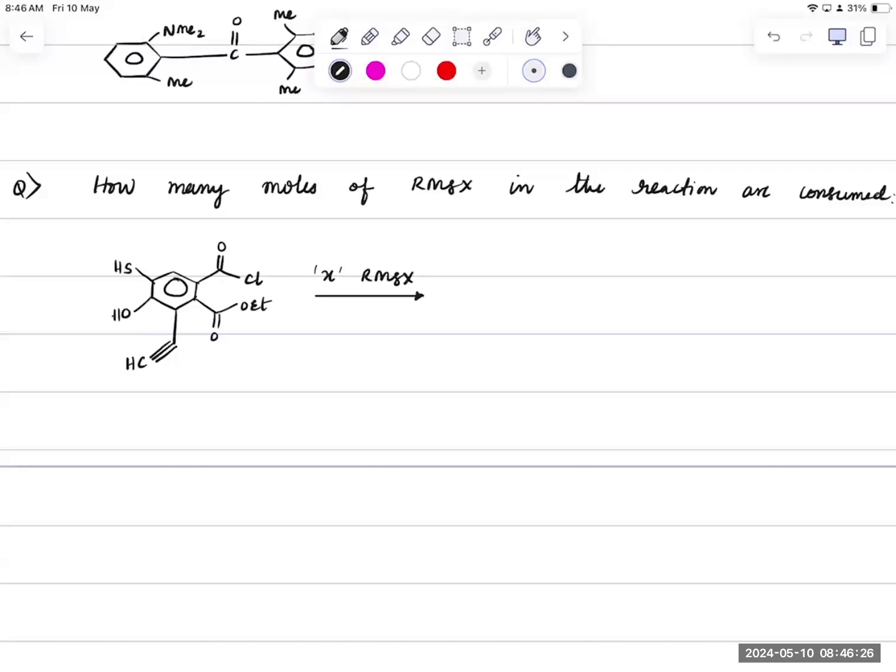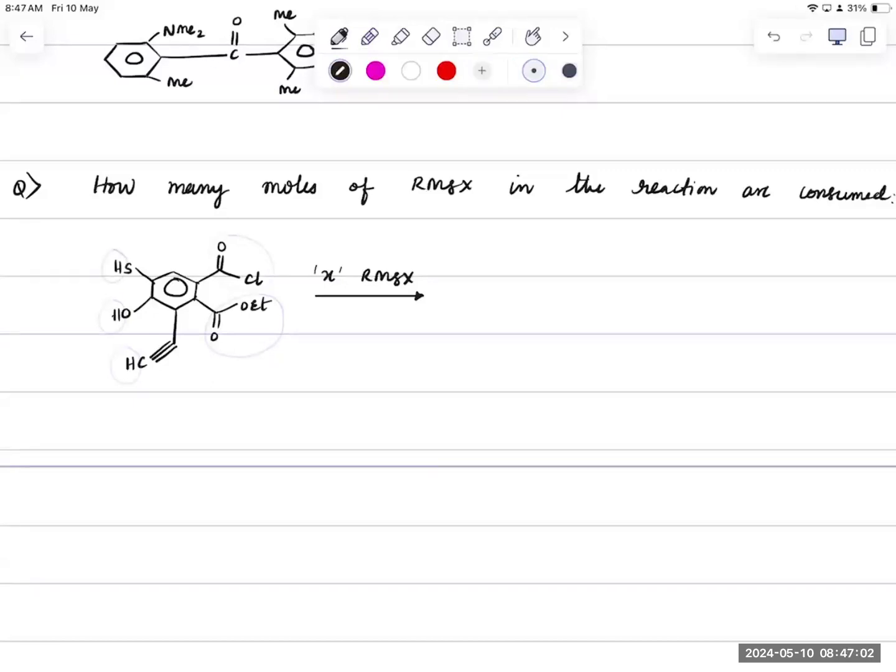Right. So just by watching this, you should be able to figure out how many moles of RMgX are required. Notice this. First, if there is an acid derivative, that is, if you have acid chlorides, esters, anhydrides, we learned that at least we require 2 moles. So therefore, here, for this case, I require 2 moles. For this case, I require 2 moles. And here, one hydrogen will be consumed because all acidic hydrogens are consumed by Grignard's reagent. This will be consumed, this will also be consumed, right?